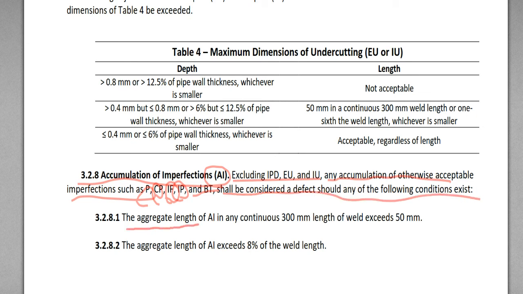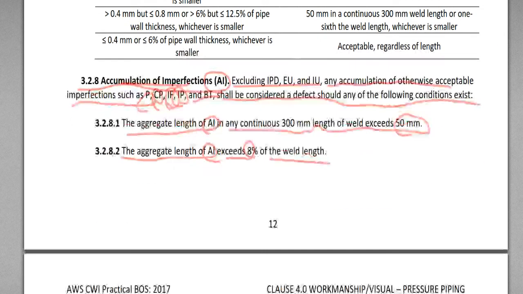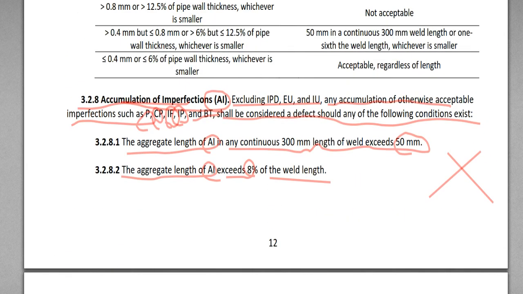The aggregate length of AI in any continuous 300 mm length of weld exceeds 50 mm, or the aggregate length of AI exceeds 8% of the weld length. This is rejected. And up to this 3.2.8, this is chapter 3, workmanship requirements and visual inspection acceptance criteria for pipeline, and 3.2 is visual inspection acceptance criteria.